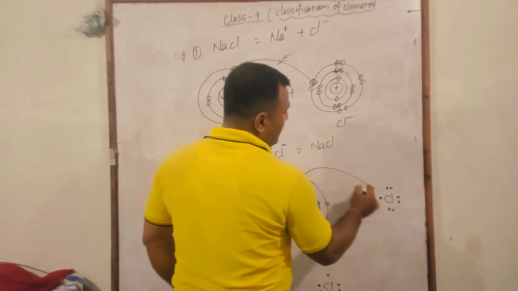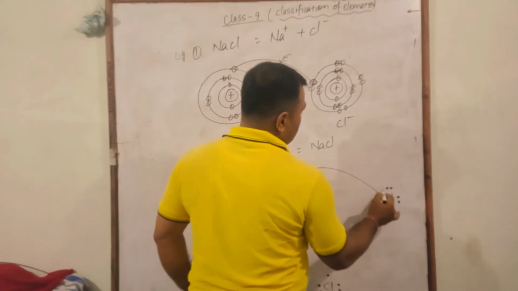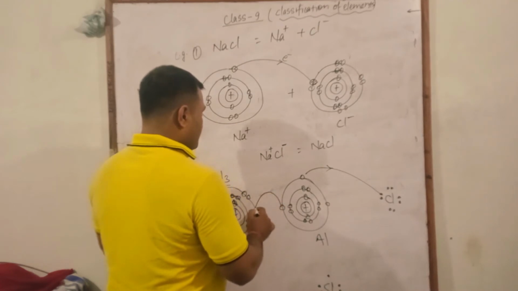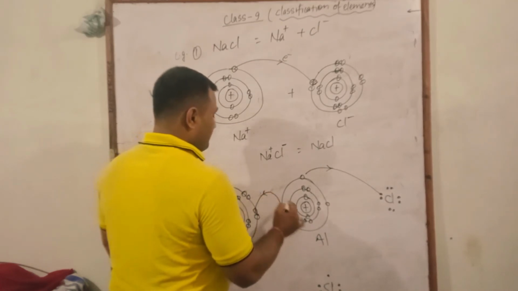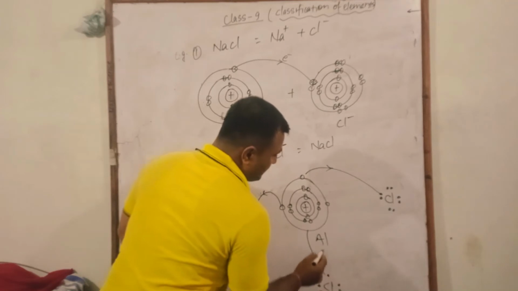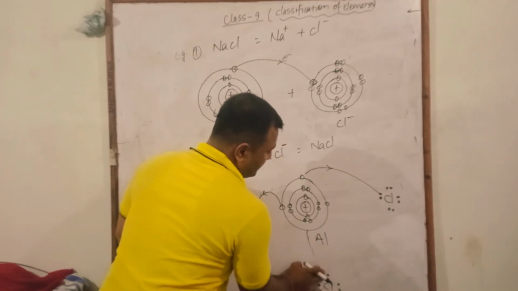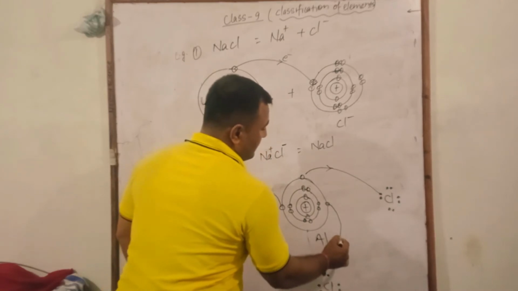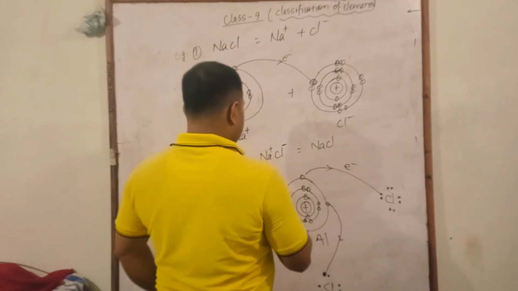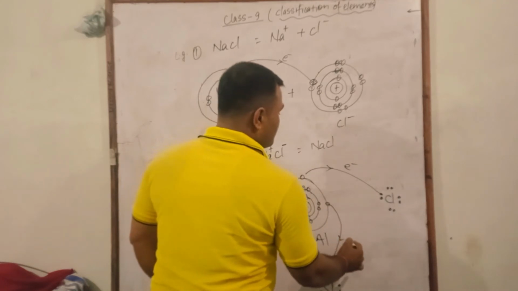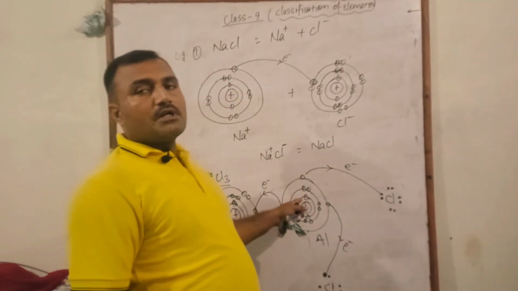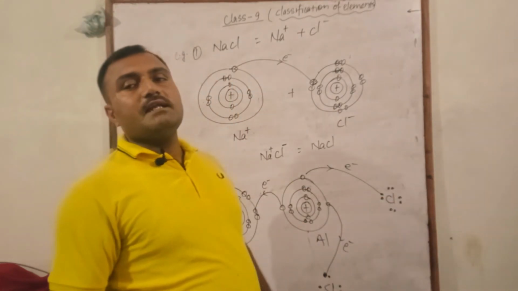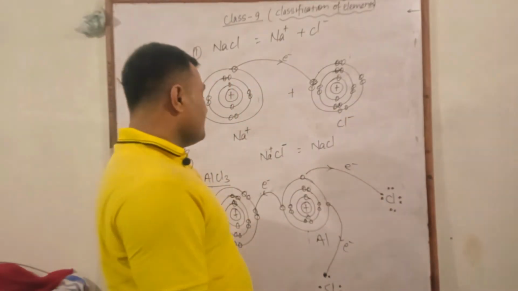Here transfer of electron takes place, here also, and here also. The third electron is drawn here, and transfer takes place. In this way, when aluminum loses 3 electrons, its octet is complete, and when each chlorine gains one electron, the octet of chlorine is completed.